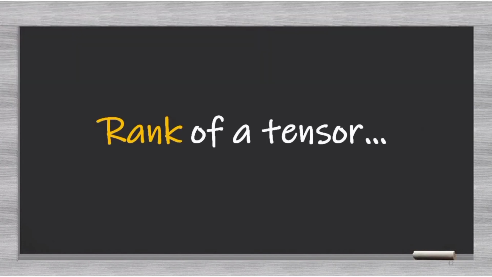Okay, can we just quickly go over what we call the rank of a tensor? Most commonly, the rank of a tensor refers to the number of indices the tensor carries. This can be thought of as the dimension of a multi-dimensional array. So the number of dimensions of a tensor is called its rank. However, different authors have different ways of writing it.